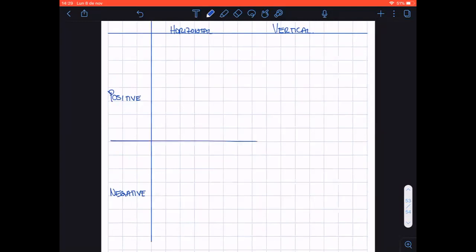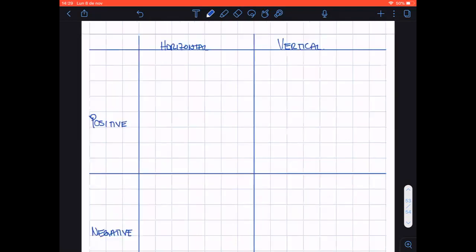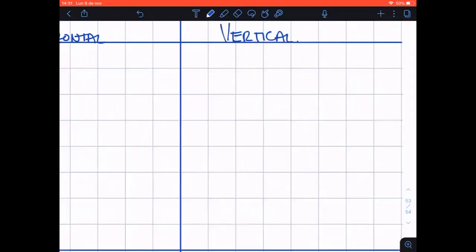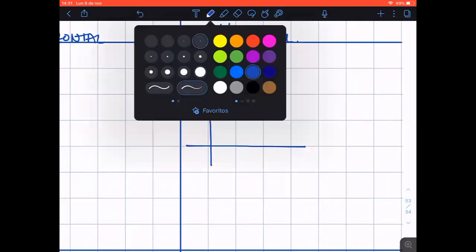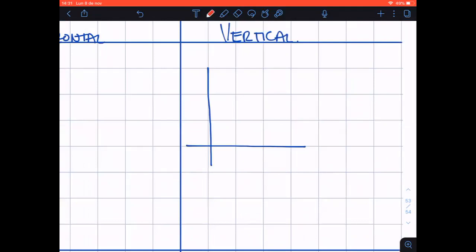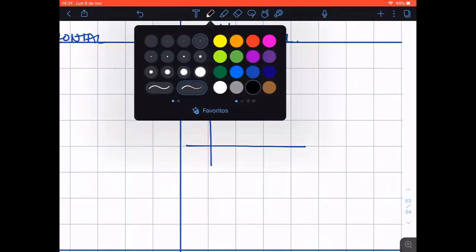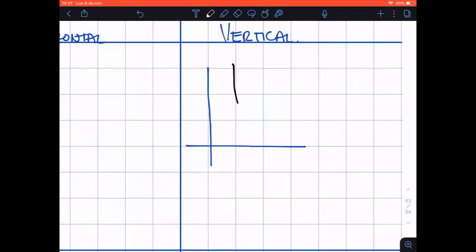So let us draw a table where we can identify the horizontal and vertical parabolas, positive and negative. Let's begin with a vertical positive. And let us draw the axis, the coordinate plane. Let's draw in black a parabola right here.